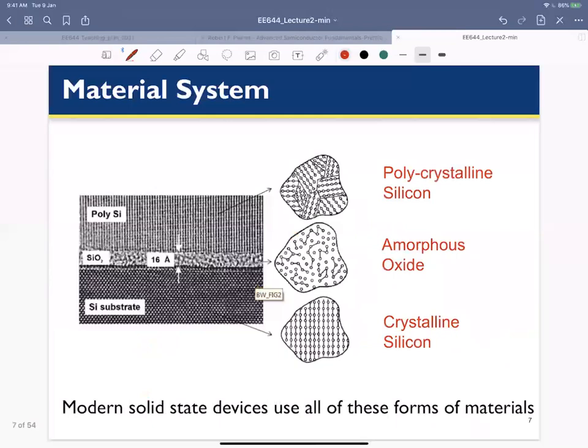Okay, so this is a very good example, because if you look at the MOS transistor that I showed you yesterday, I have n plus here.